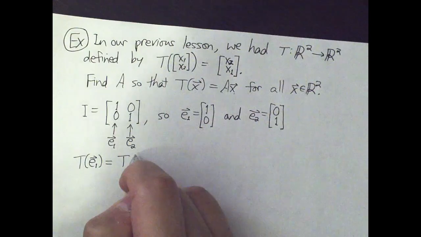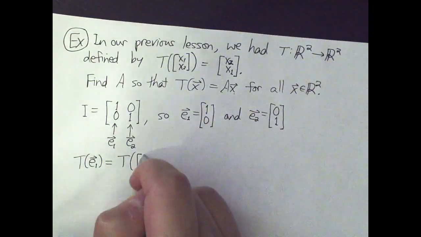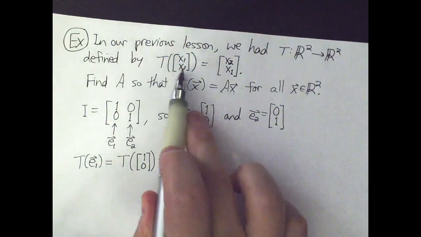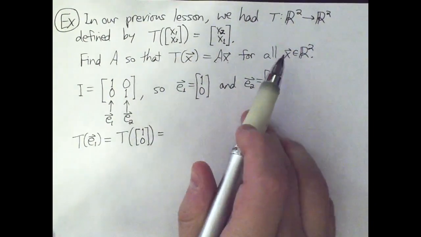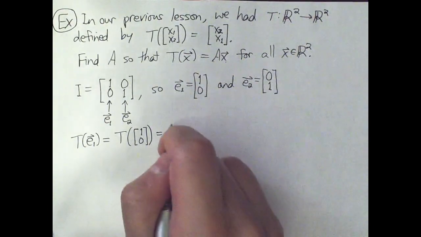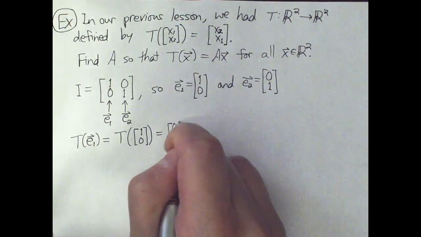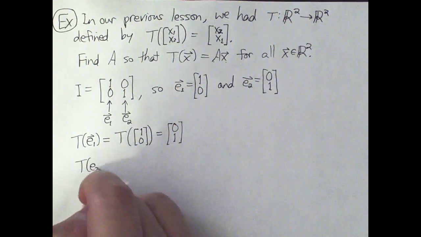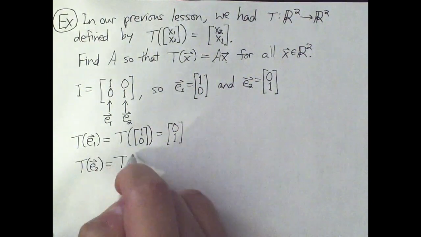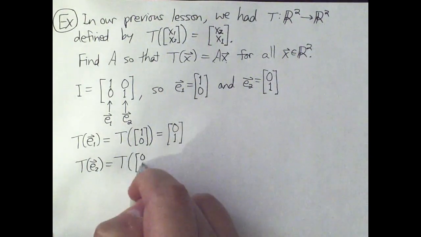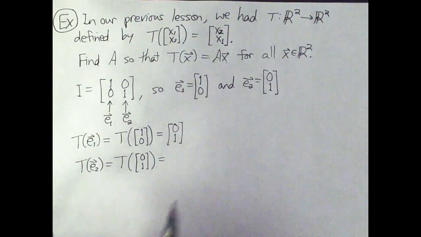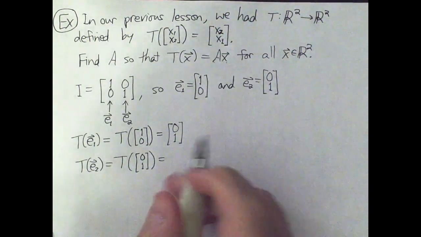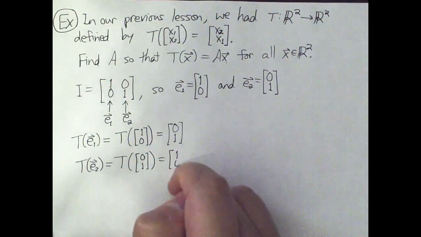We can use the transformation as given, in the form that it's given. It says to take x1 and x2 and swap them. So we get this. That's the output. Let's do T of e2. It says to take T of the second column of the identity matrix. And when we apply the rule that's given for this transformation, we get 1, 0.